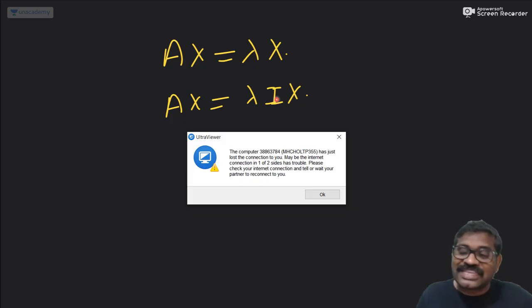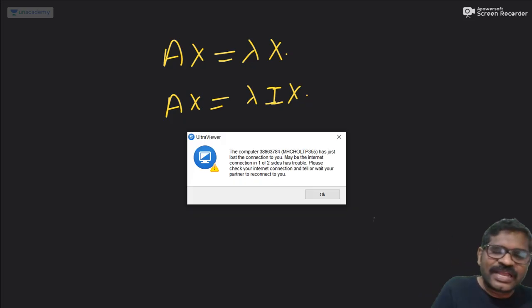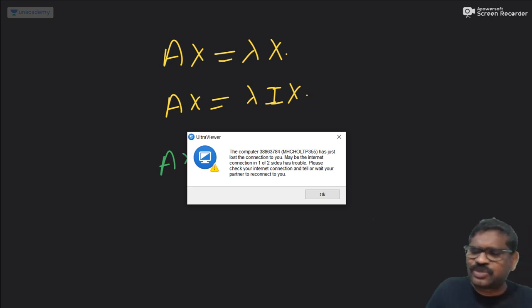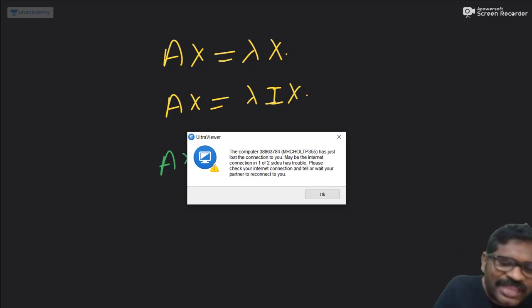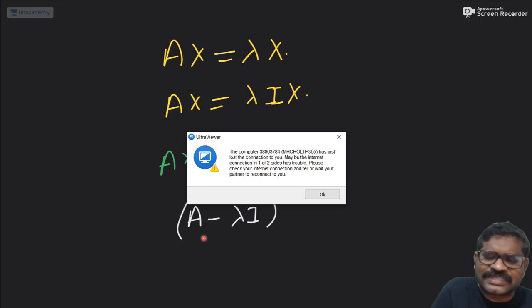Now this can be written as Ax minus lambda Ix equal to 0. This can be written as (A minus lambda I) of x equal to 0.